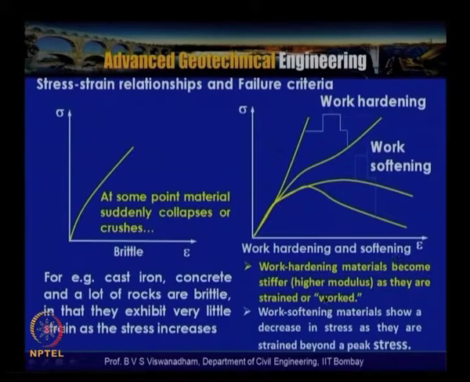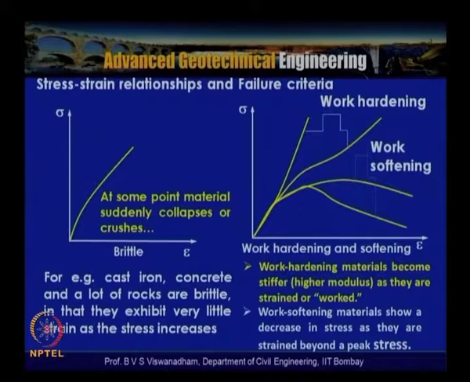In work hardening, basically the material becomes stiffer because it attains a higher modulus as it is strained or worked. Work softening materials show a decrease in the stress as they are strained beyond a peak stress.